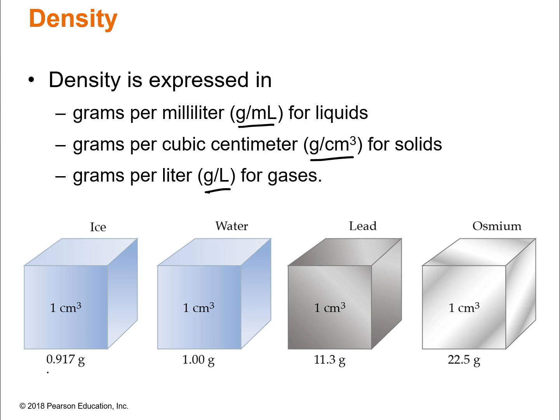However, the masses are different. So if you have a smaller mass, then you're going to have a smaller density if the volume is the same all the way across. So that's what that's demonstrating. You can have the same volume, but you can fit more mass inside of that volume, and that means that you have something that is more dense.